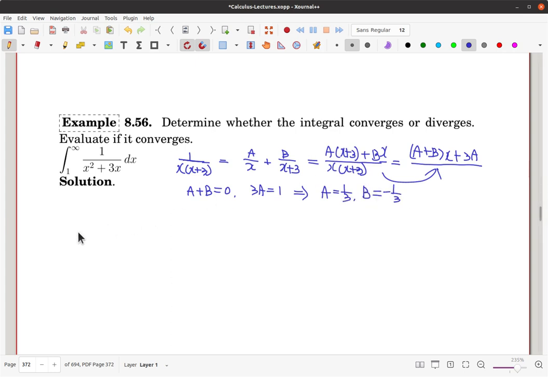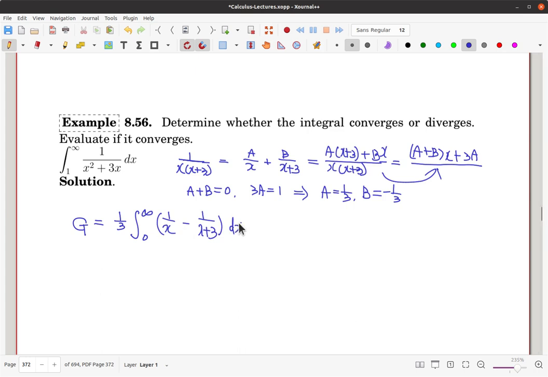Okay, so the given integral is changed into this way. 1/3 may come out, and then 1/3 times the integral from 1 to infinity of 1 over x minus 1 over x plus 3.